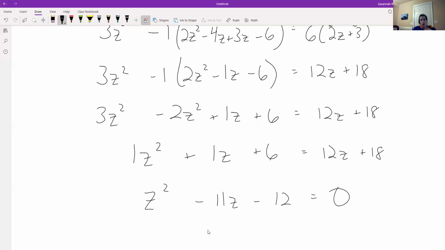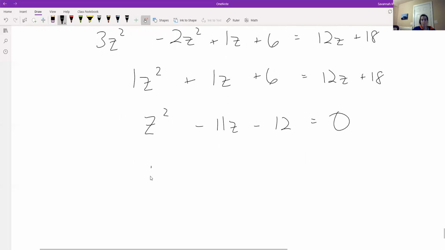Another chapter 6 factoring. What are my magic numbers? 12 and 1. Okay, if the 12 is negative and the 1 is positive, they will multiply to be a minus 12, and they'll add to be a minus 11.